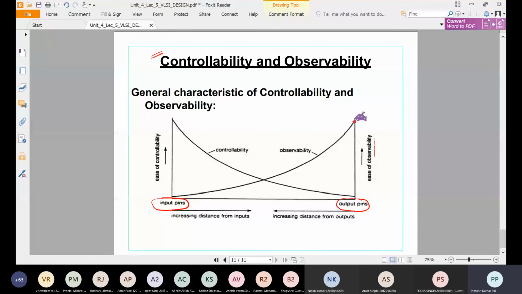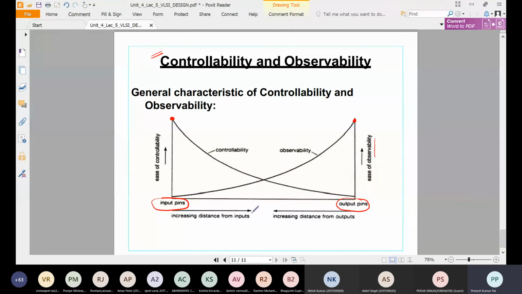This is ease of observability, meaning whether it is difficult or not. It is easy to observe at the output pins. If any node is closer to the output pin, it will be easy to observe. Similarly, if any node is closer to the input pins, it will be easy to control.